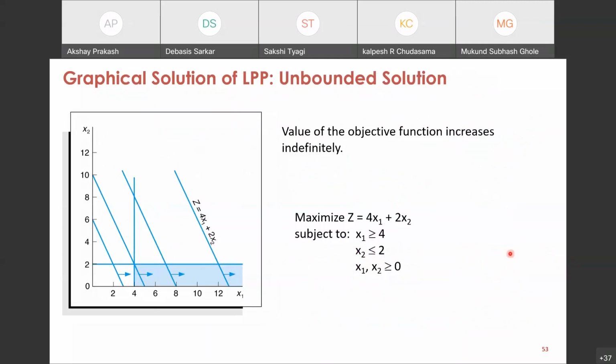This entire shaded region is the feasible region. This is the objective function line. You want to maximize that. And you see, as you move in this direction, objective function value increases.